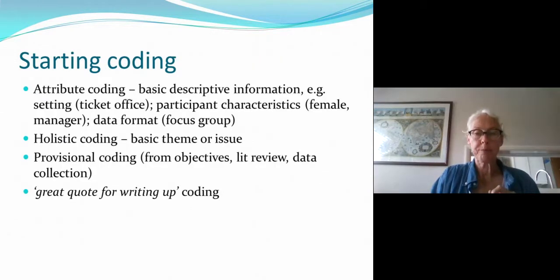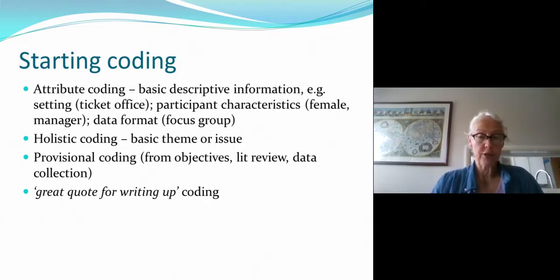So when we start encoding, just to get you started, there are some very broad categories you can use. One, we've got attribute coding, and this is just basic descriptive information, maybe about the person who was interviewed, so possibly their participant characteristics, the nature of the focus group, that kind of thing. So these are very broad level.